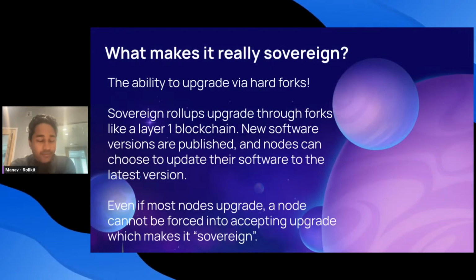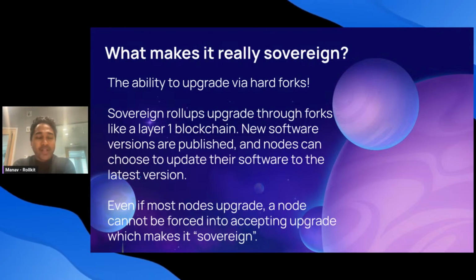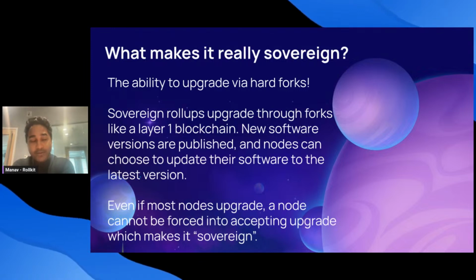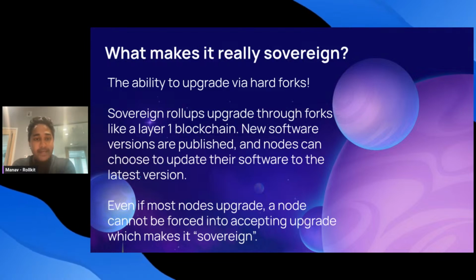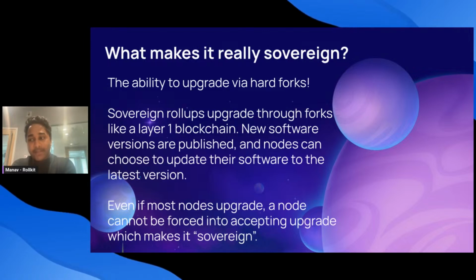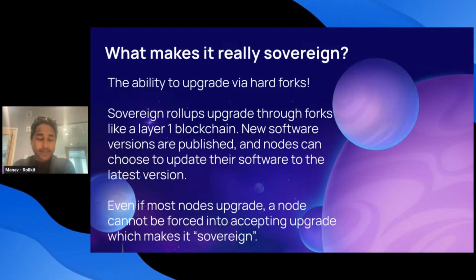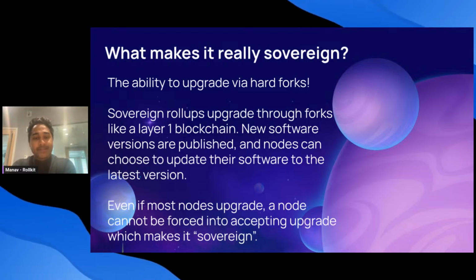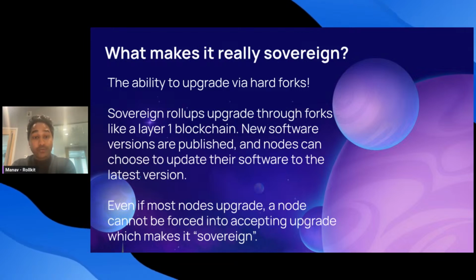And before we move on to what is Rollkit, let's talk about what really makes a sovereign rollup sovereign. The way we define it is the ability to upgrade via hard forks. That's not something the current rollups, which are not sovereign, have right now, because you need the settlement layer to fork if you wanted to fork a smart contract rollup.